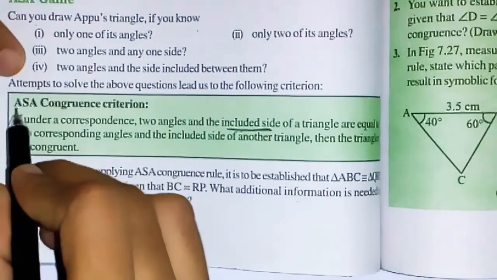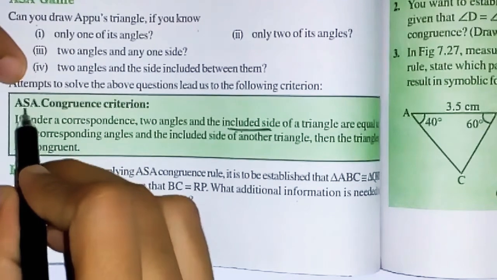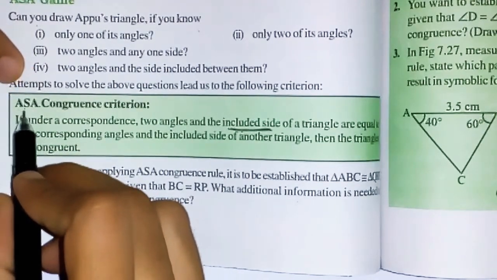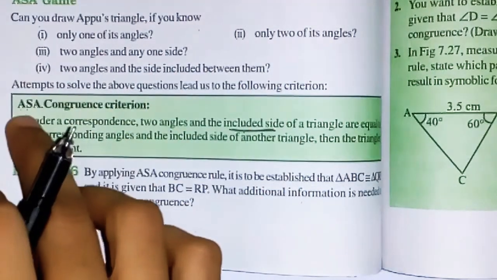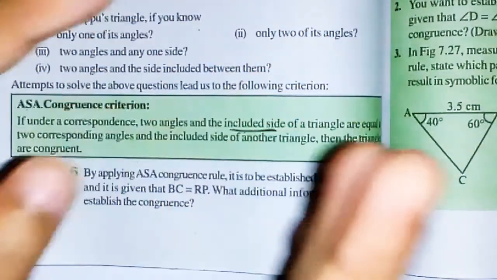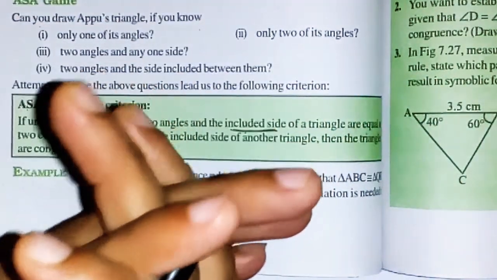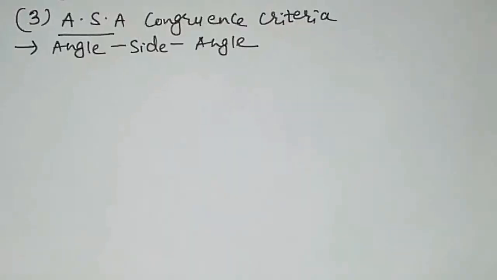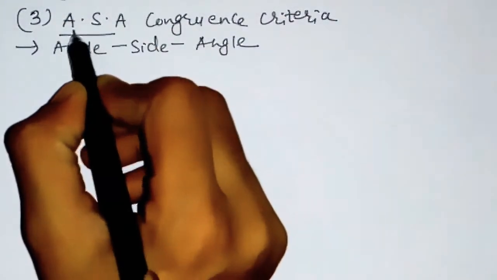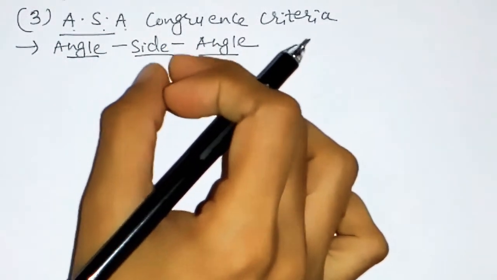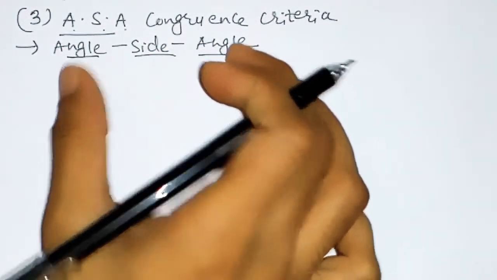As the order ASA is given, the S is between these two letters A. Similarly in the figure also, the equal side should be between the two equal angles, then only we can consider. So let us see this criteria with figure. As per the third criteria, that is angle side angle, the side which is equal should be between the two angles, not any side.